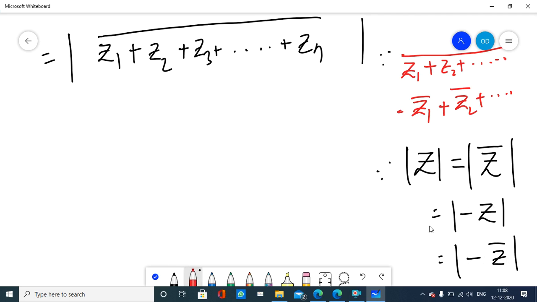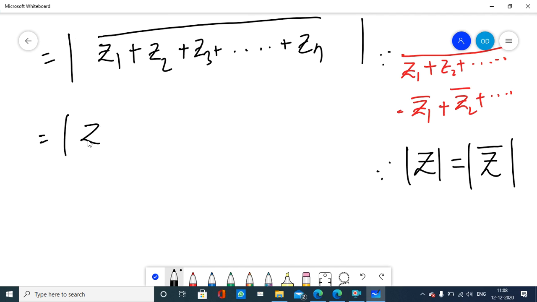But we do not need these two right now, we only need the first one, that the modulus of a complex number is the same as the modulus of its conjugate. So here Z1 plus dot dot dot up to Zn is a complex number, then the modulus of its conjugate is the same as the modulus of the complex number itself.